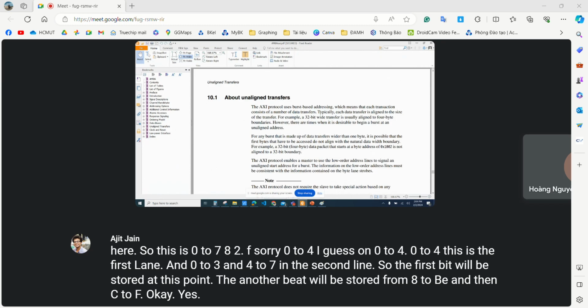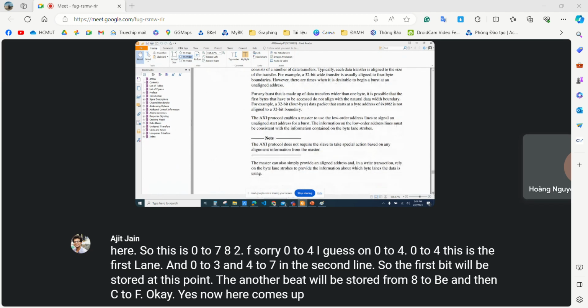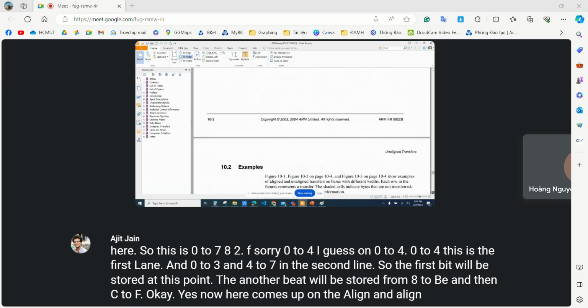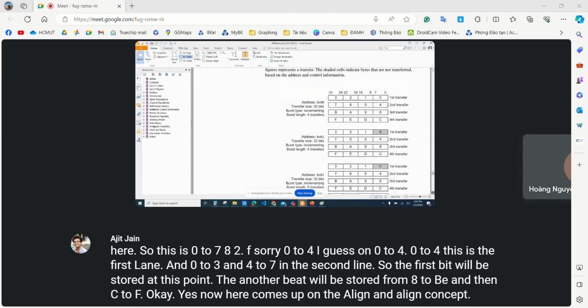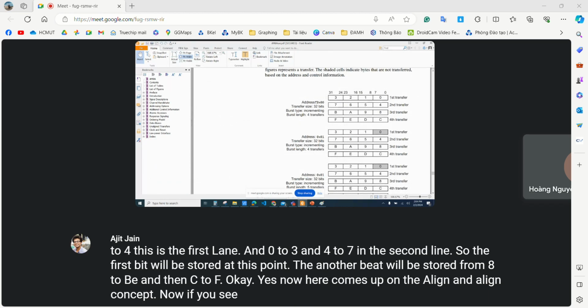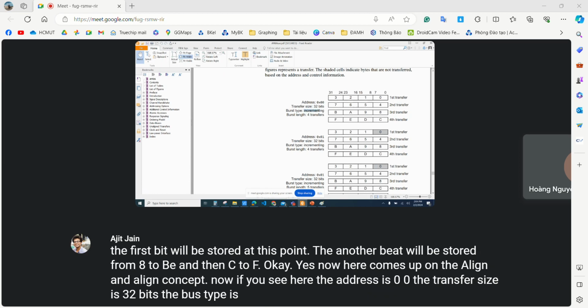Yes. Now here comes the aligned unaligned concept. Now if you see here, the address is 00, the transfer size is 32 bits, the bus type is incrementing INCR, and the 4 transfers are there.